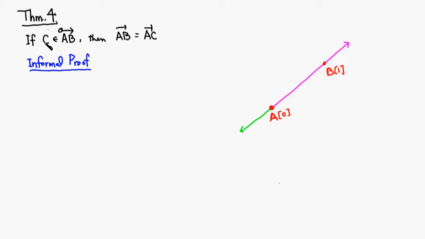Then we look at C. C is going to be in open ray AB, so it's not going to be at A, but on ray AB.